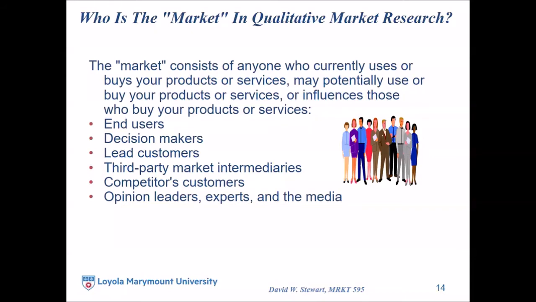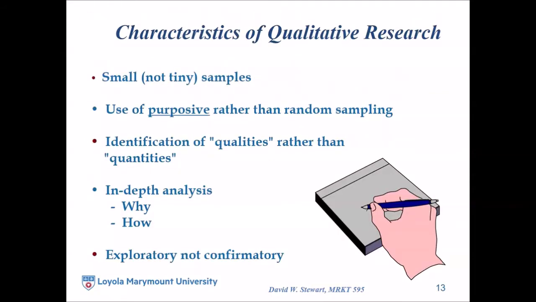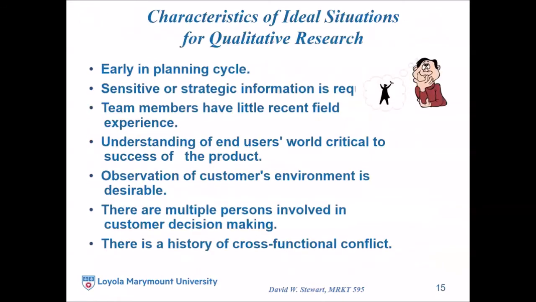And finally, there are a whole host of people who are what we call opinion leaders or influencers, people who write product reviews, people who test products. These people can often provide really interesting insights, depending on the question that you ask.